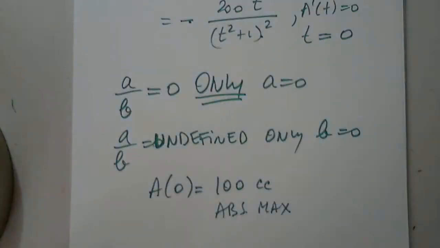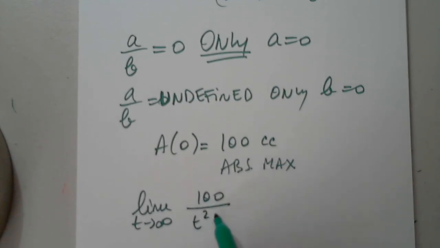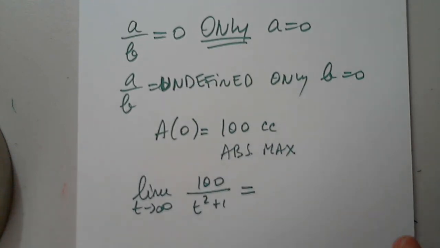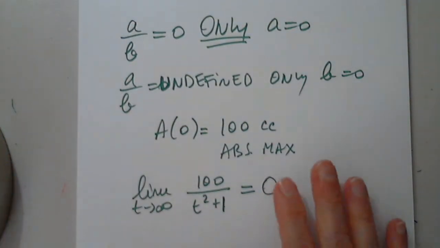Exactly, which means that the limit as t approaches infinity of 100 over t squared plus 1, we should blindly, don't even look, know the answer. What did we say the horizontal asymptote for type 2 always? 0. Very good.